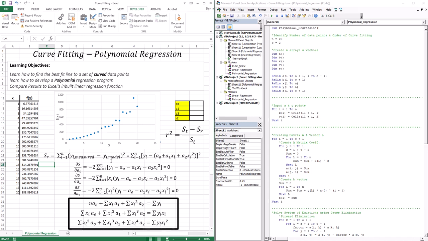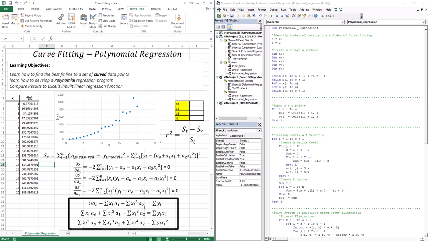We used optimization to come up with these three equations, and also we're going to use these points to come up with the matrices A and B, and we're going to apply what we learned from solving systems of equations to find what are the solutions a0, a1, and a2.